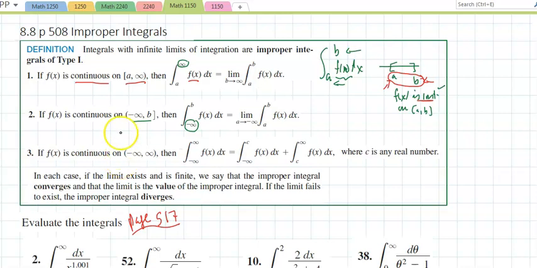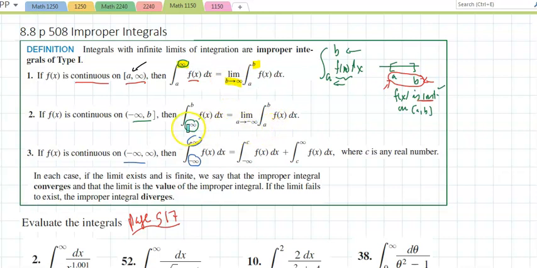Or if f is continuous everywhere, and then you look at not 1 infinity, but 2 infinities. So as long as f is continuous on this interval, then the integral from a to infinity of f(x) dx turns out to be, you would use a substitution of b for infinity, and you take the limit as b approaches infinity.